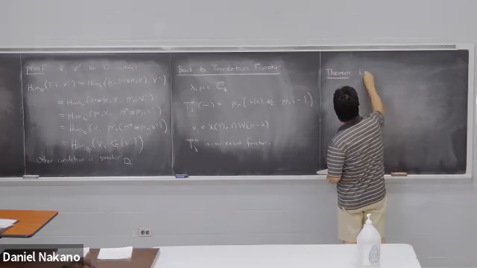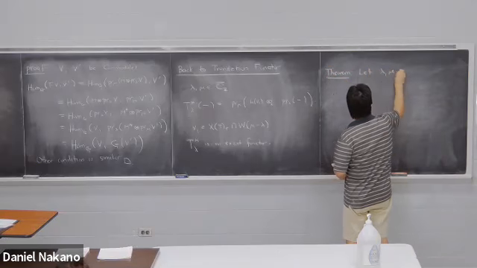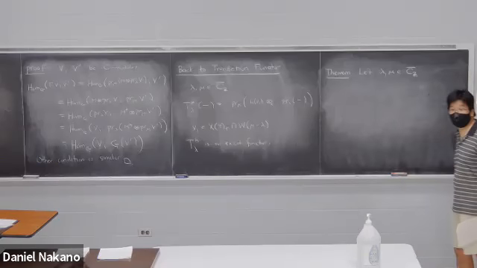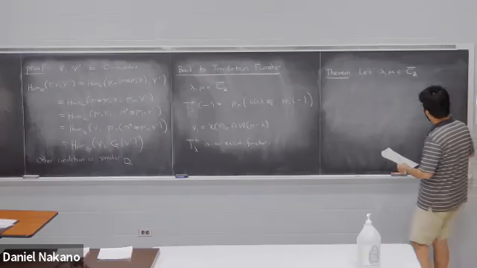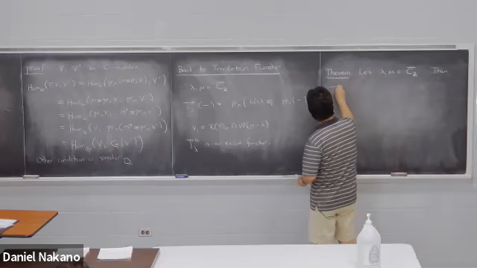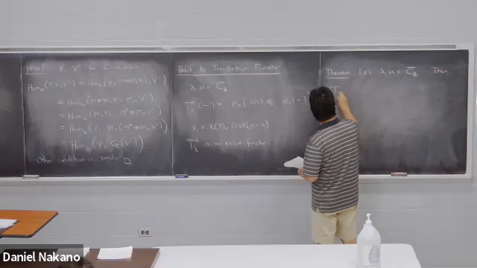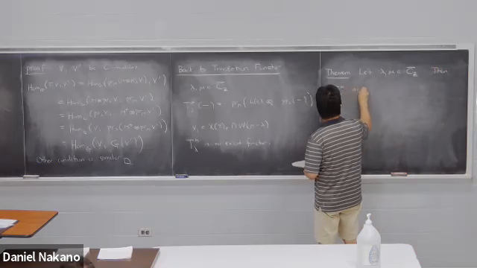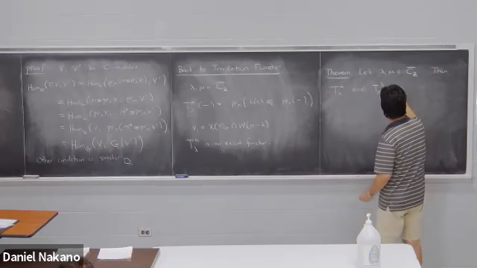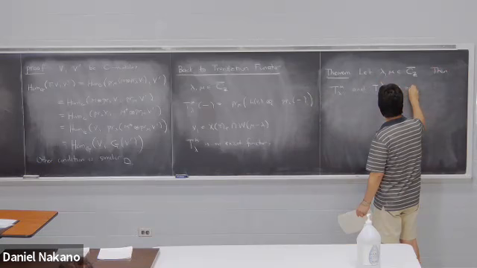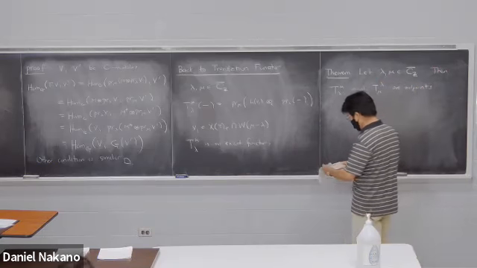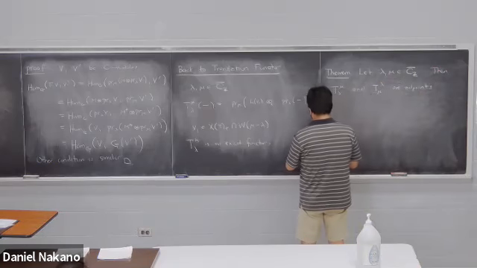So let lambda, mu. Suppose that's in the closure of the bottom alcove. Then, when I take T lambda mu and T mu lambda, these are adjoints. Okay, so proof.